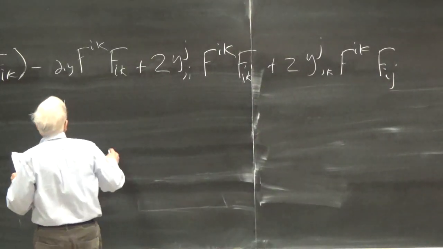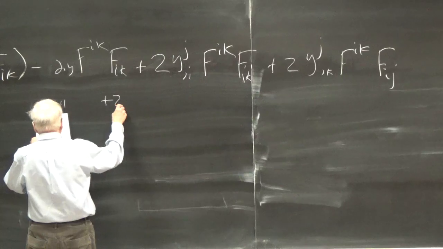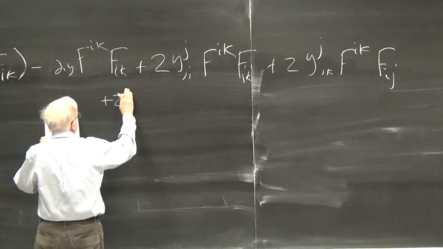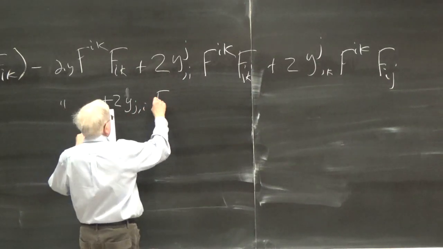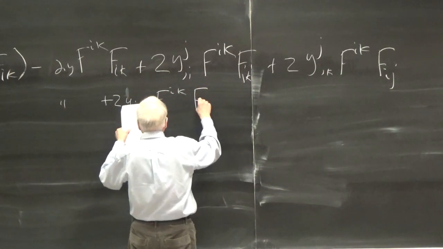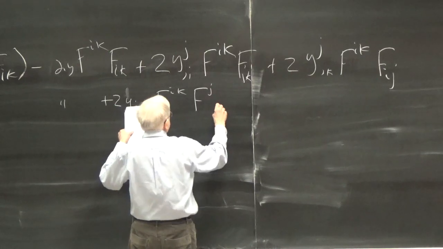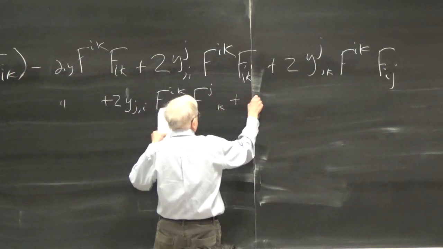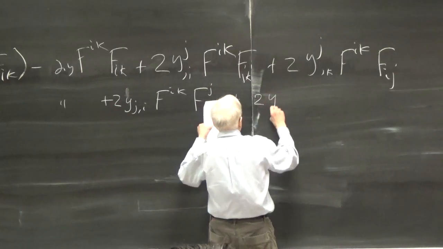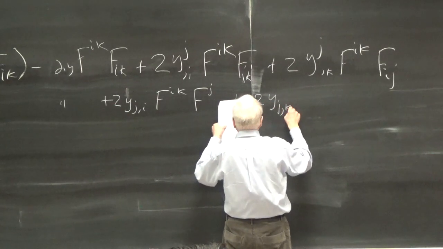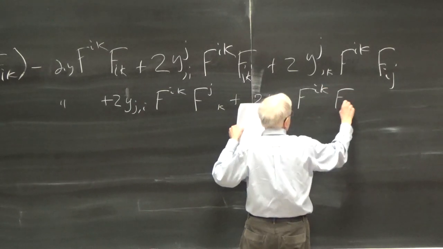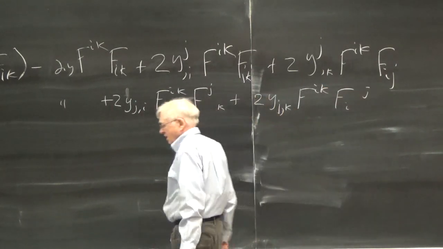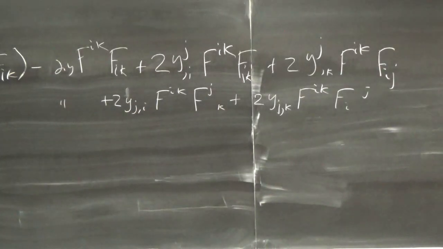And so this is plus 2 y^j_{,i} F^{ik} F_{jk} plus 2 y^j_{,k} F^{ik} F_{ij}.